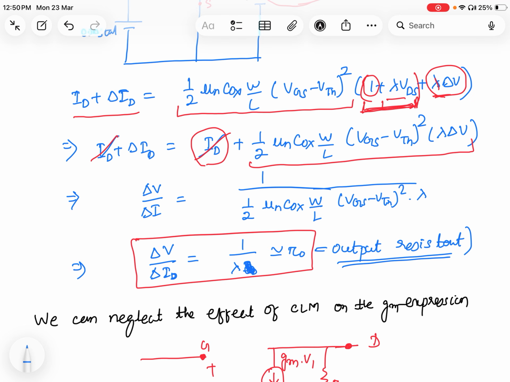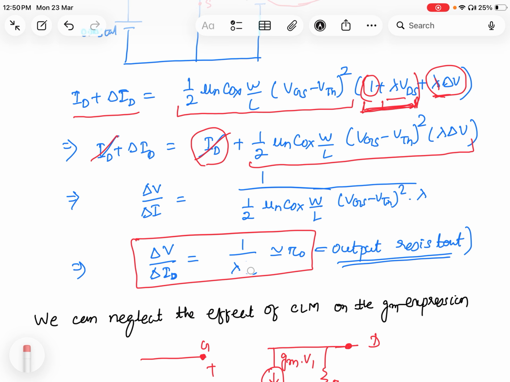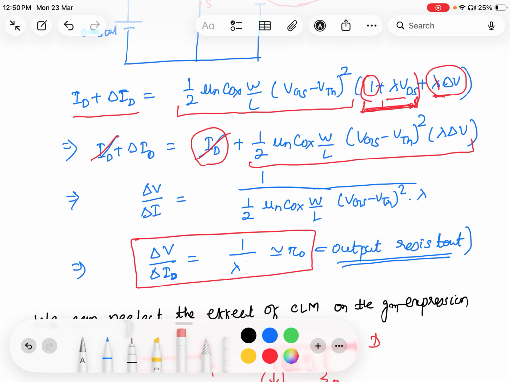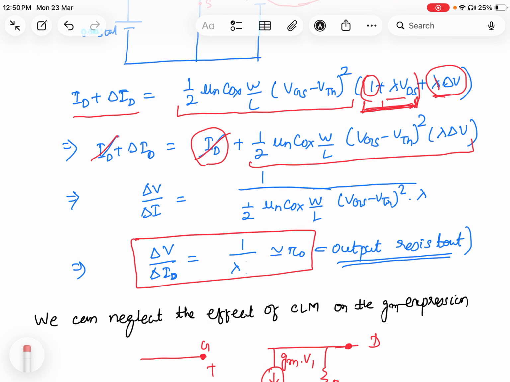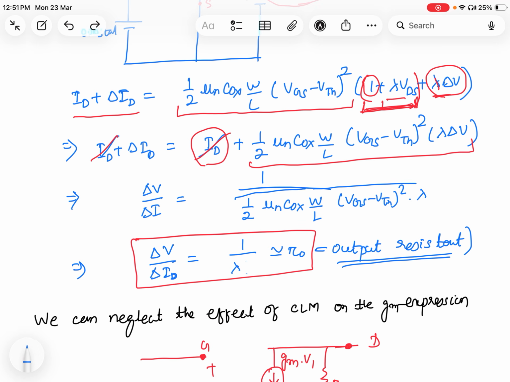Okay, lambda into ID, sorry. Just a little confusion here. So lambda into ID I will get. The whole term, 1 by 2 mu x, is nothing but the ID, so into lambda I will get this.